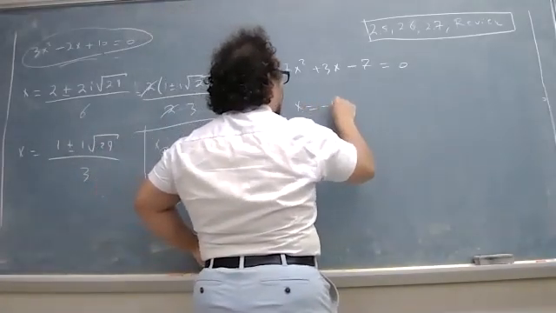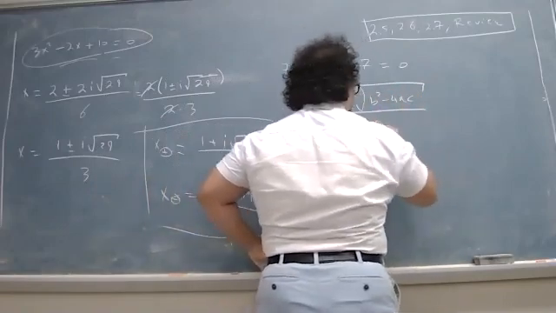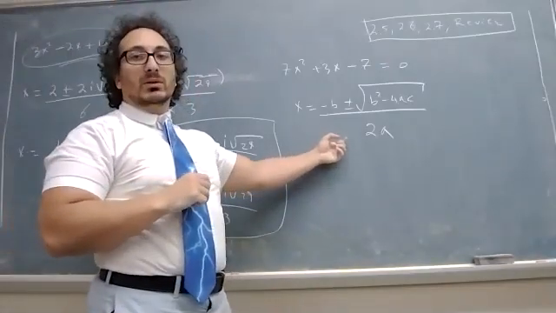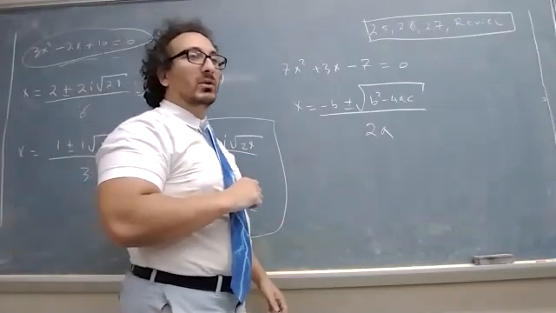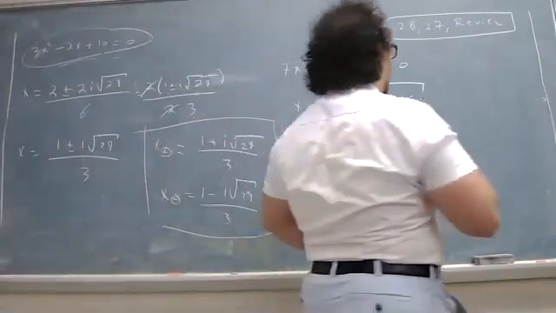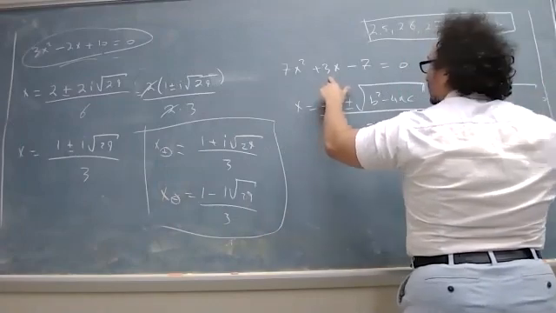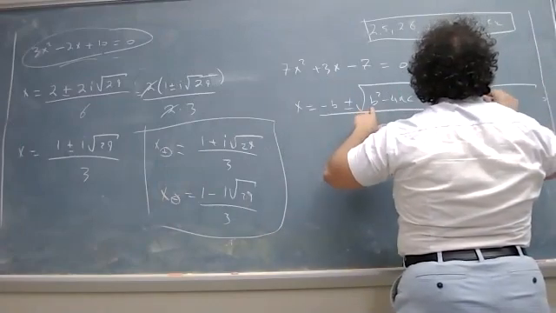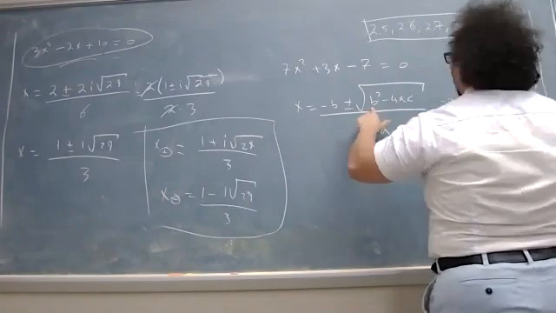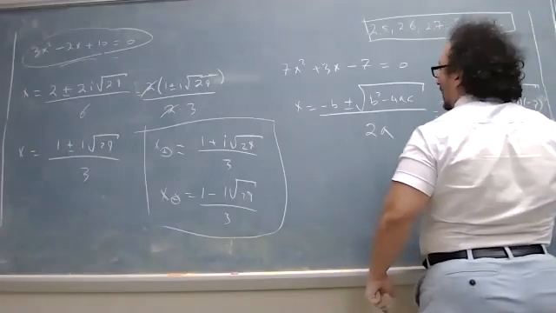So x is equal to negative b plus or minus the square root of b squared minus 4ac all over 2a. And for those of you who will do the bonus, you will see why this is true as a consequence of completing the square for the arbitrary ax squared plus bx plus c equals 0 quadratic equation. But then just putting in numbers here, negative b is negative 3 plus or minus the square root of b squared, which is 3 squared, which is 9, minus 4 times my 7 times my negative 7, all over 2 times my a, which is 7.